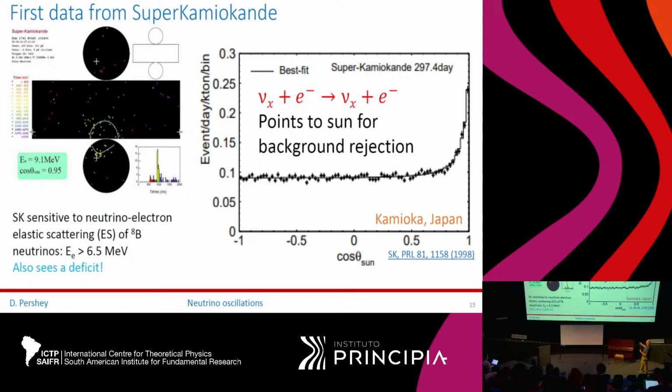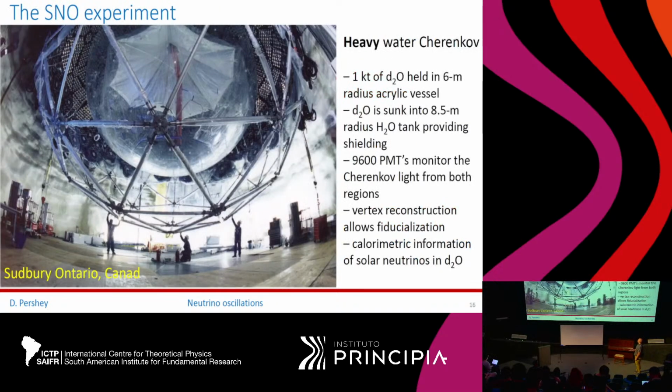This is looking at the cosine of the angle between your measured electron and the sun. You can see there's this rising distribution here, those are your actual solar neutrino events. Then you have this flat distribution, which comes from random radiological backgrounds in your detector. So it's a great way of constraining your backgrounds with real data.